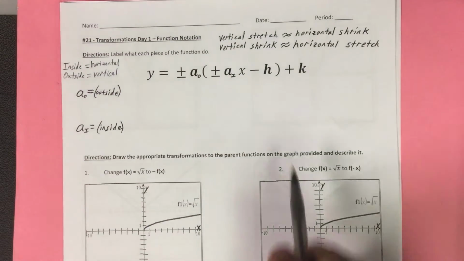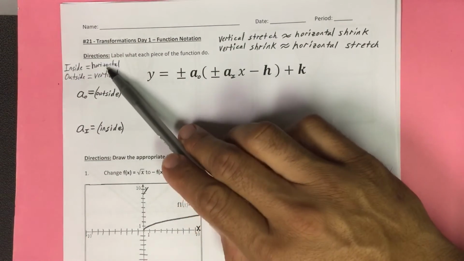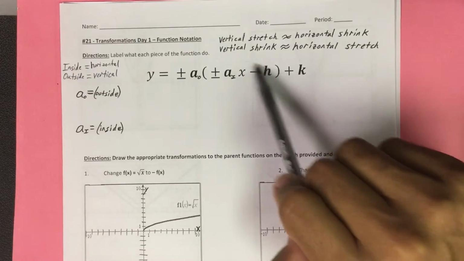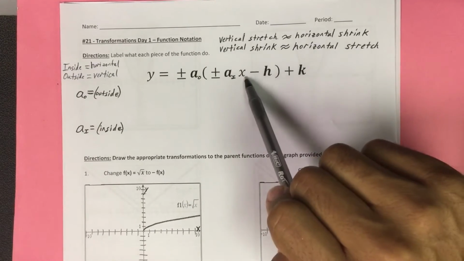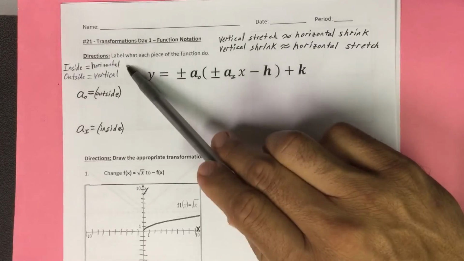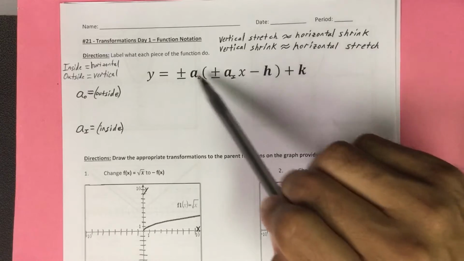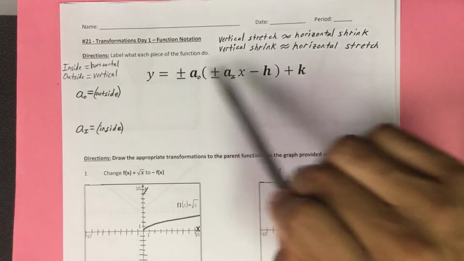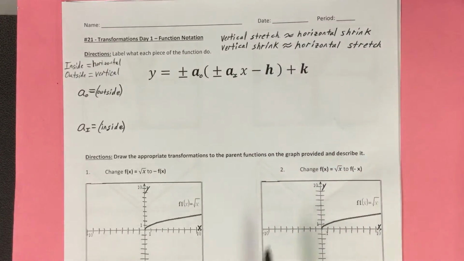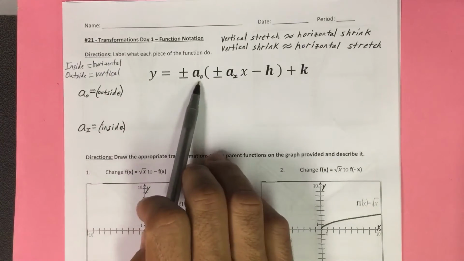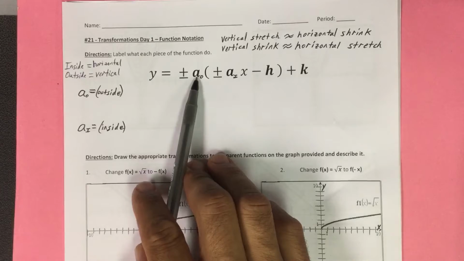Whatever the function is, if we do it inside just with the x, if it's inside of parentheses with just the x, then that's a horizontal change. If it's outside, so I put the function in parentheses and then do something outside, then that is a vertical change.